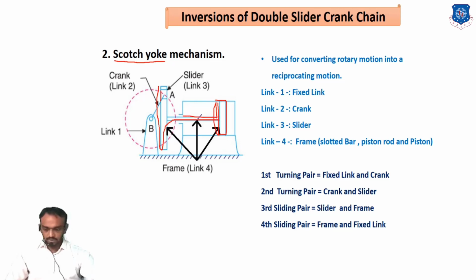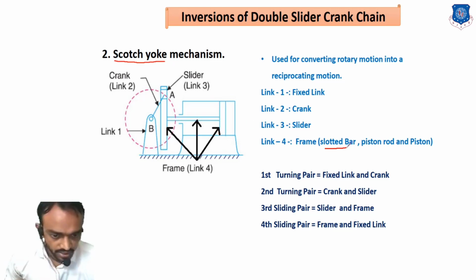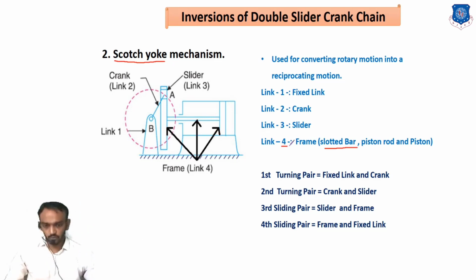This totally will be considered as a frame and link number 4, because these three elements reciprocate. We consider all three elements as one link, because there is no relative motion between them.